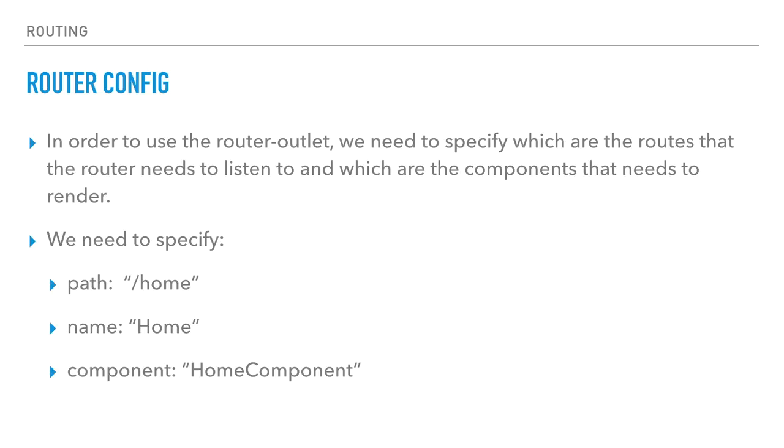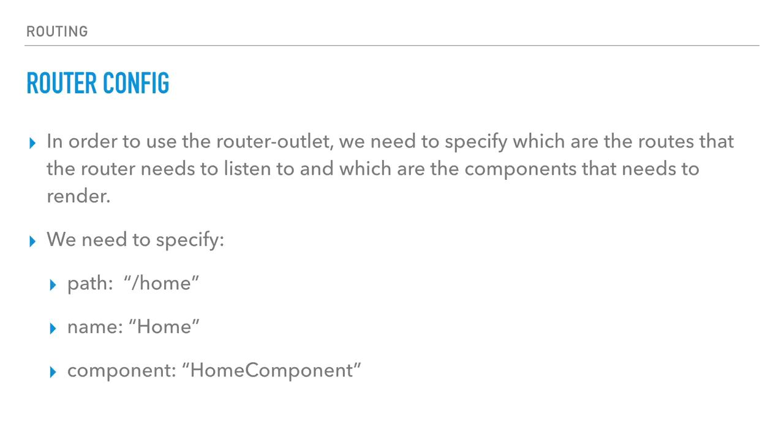Router config is very important, and it's one of the critical parts of configuring the router, because we need to tell Angular and our component how it should handle all these routes. So we need to specify the path. This is what we were explaining before.